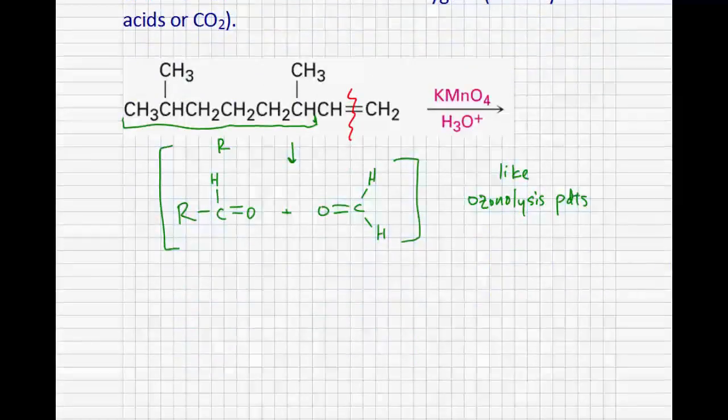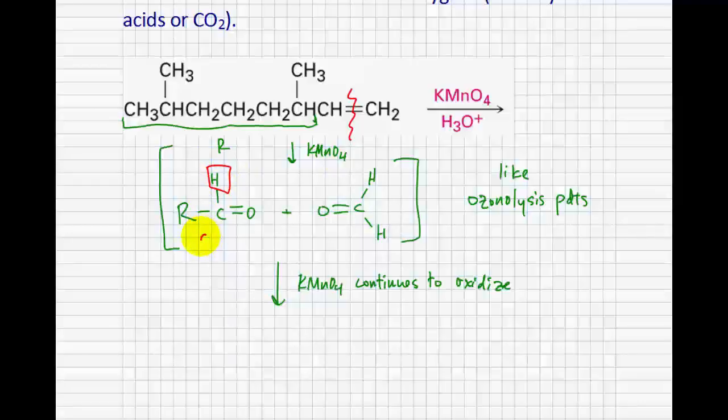But potassium permanganate continues to oxidize. You don't need to draw all these arrows if you don't want to, but where there was an H attached in this aldehyde, we'll now have R, C double bond O, OH.